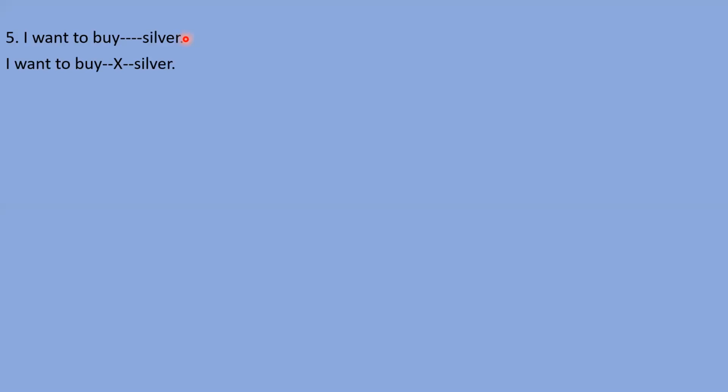When we talk about a material noun in general, there is no need to use any article. If I say I want to buy gold, I want to buy silver, I want to buy iron, there is no need to use any article. So remember that with material nouns, there is no need to use any article.